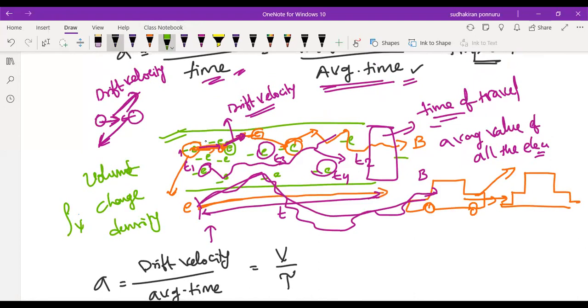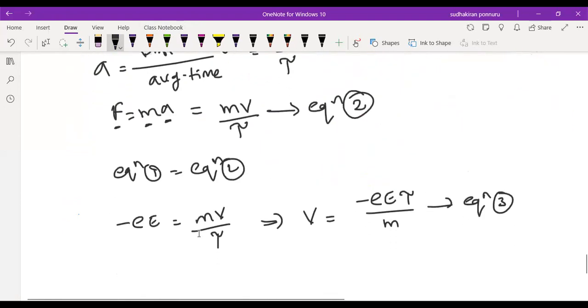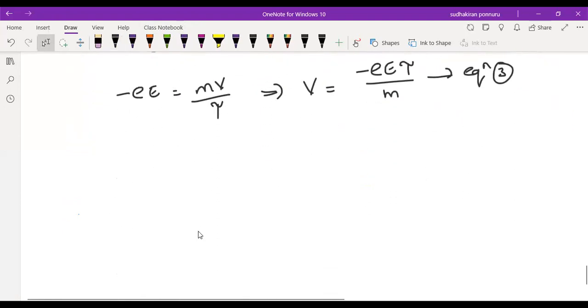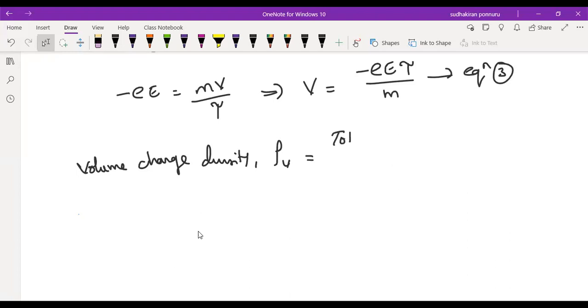Now I am writing the volume charge density, which is given by rho v. By formula, that is equal to total charge per unit volume. What is the total charge here?